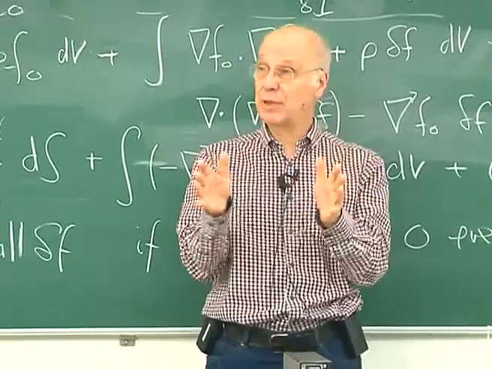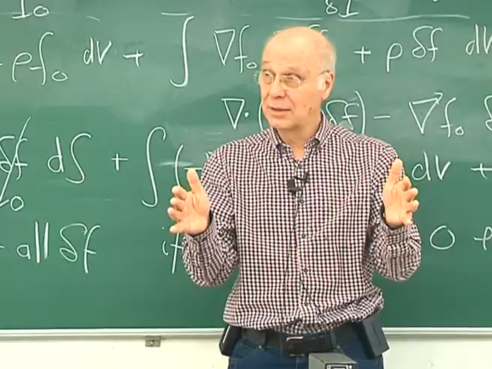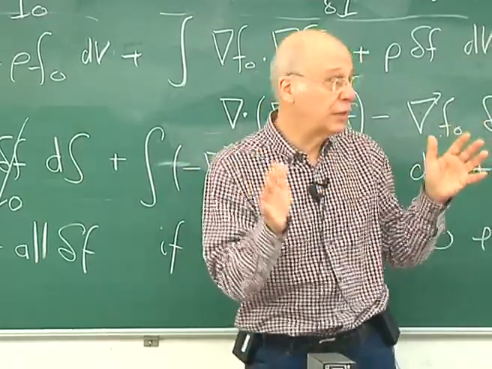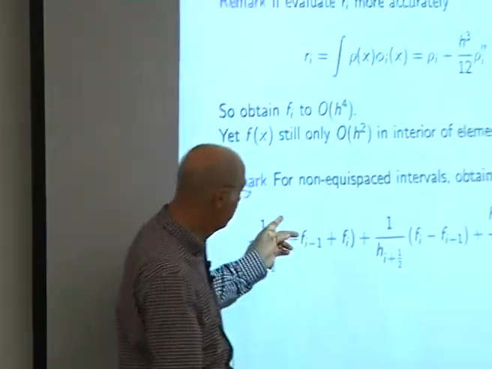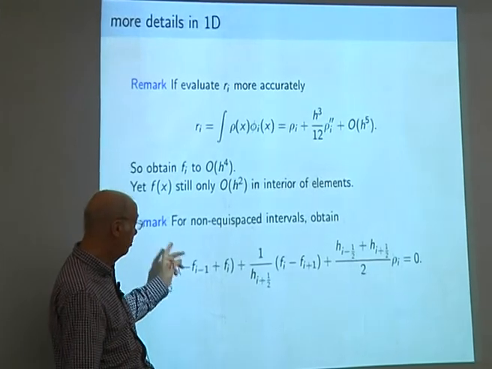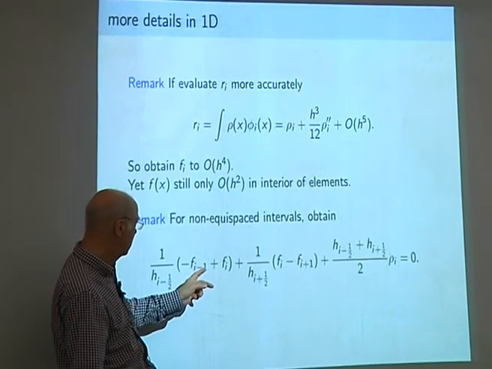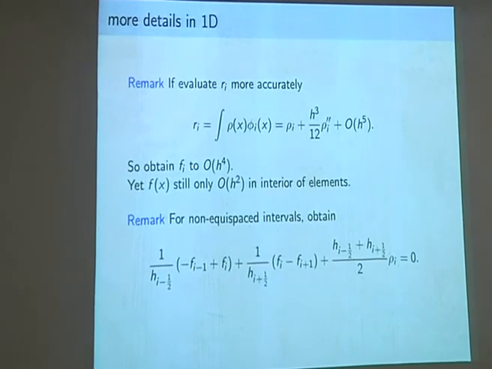If you don't have equispaced intervals, but each interval has a different length, and you follow through all the calculations, you find that you get this version. So instead of the spot value in front, spot value behind, and twice the spot value at the middle point, you end up with this formulation, with slight biases because of the different h's.